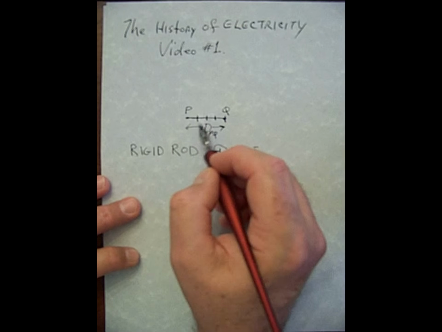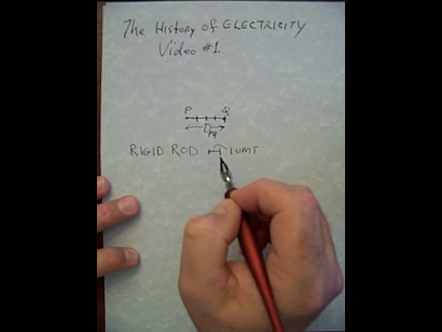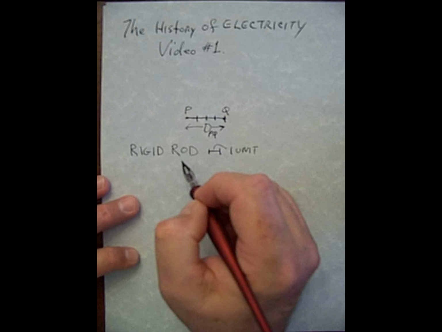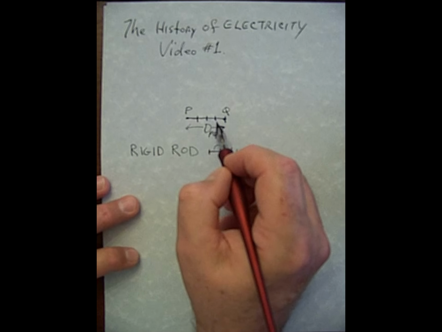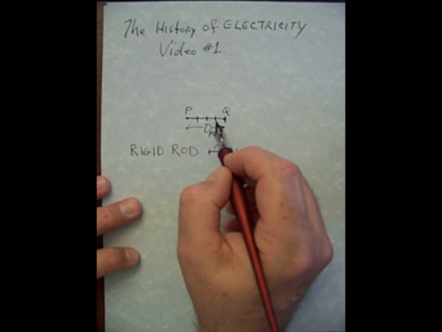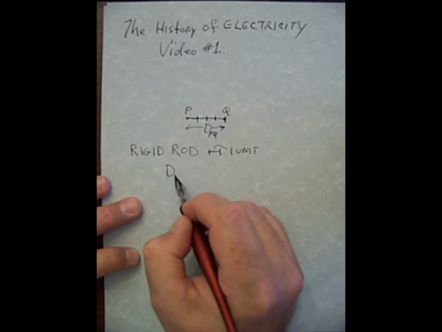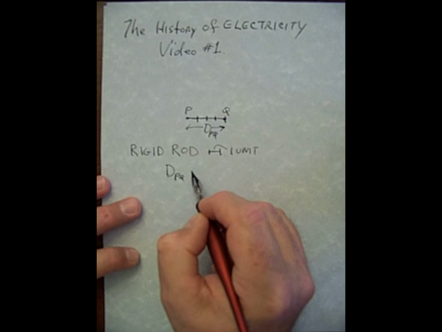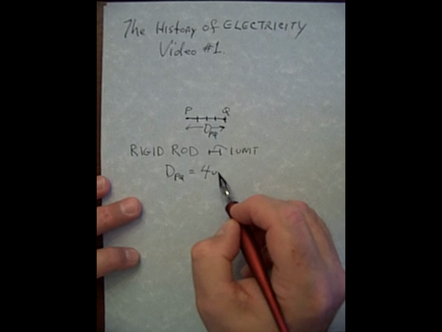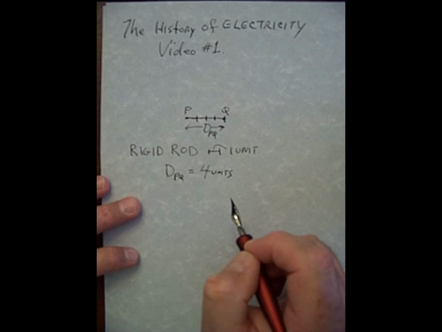Pretend that I did this perfectly, because that's what we do in math and physics, we pretend that we do things perfectly. So I took my perfect rigid rod and I marked it off, and I found that P and Q are separated by 4 units. So then I could write that distance between P and Q equals 4 units. Again, what these units are is completely arbitrary.